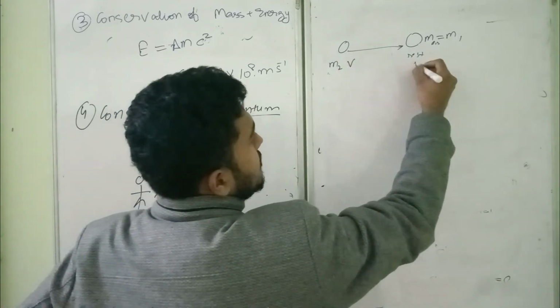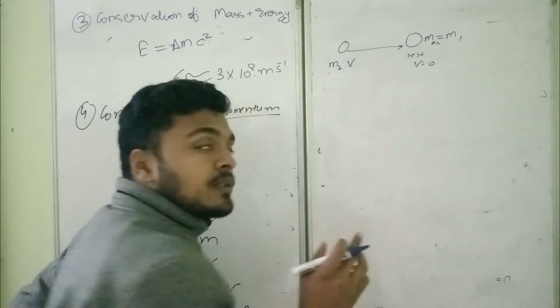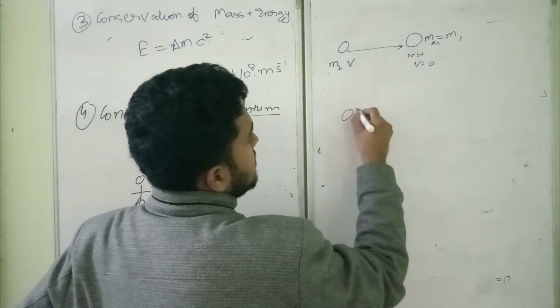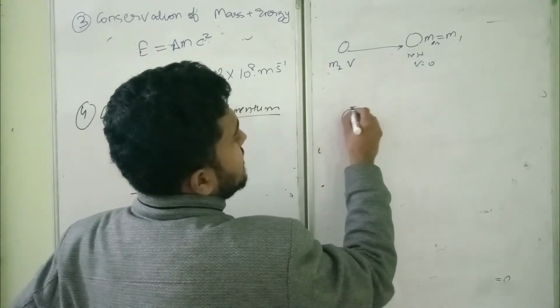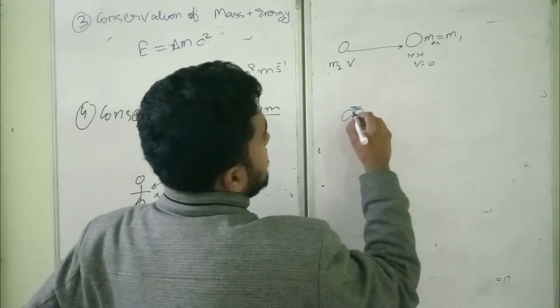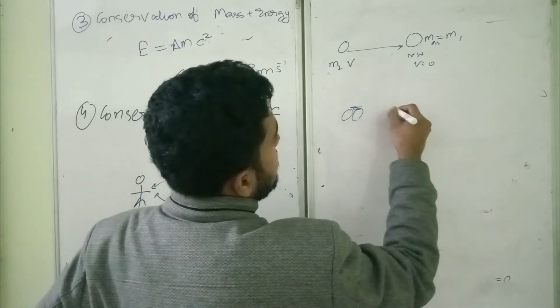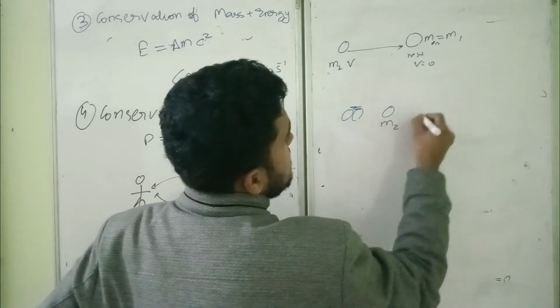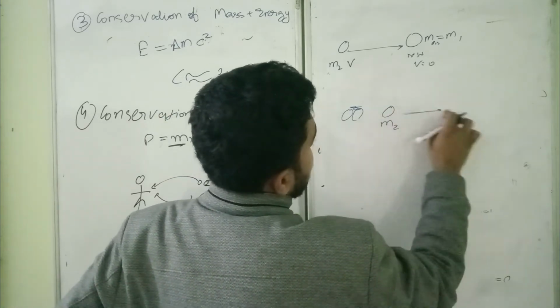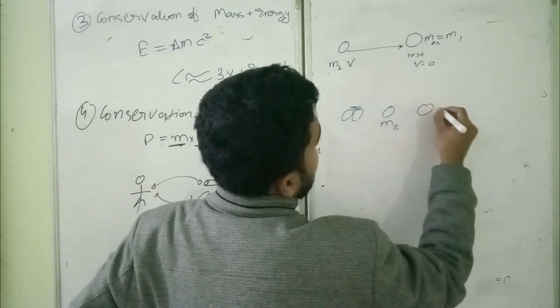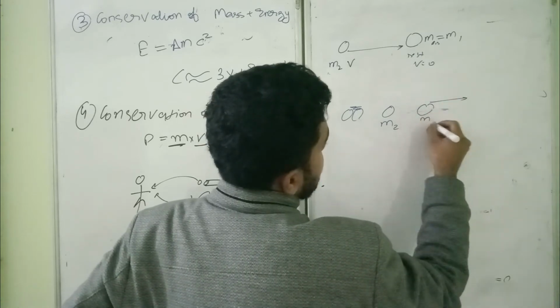Here the velocity is 0. So what you will see is that after these two marbles strike each other, sometimes you see this marble comes to rest, and this marble m2 starts moving.